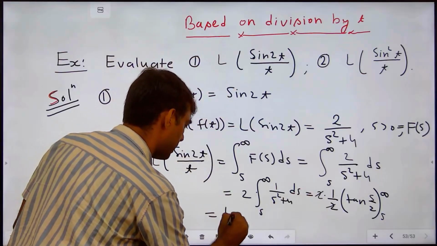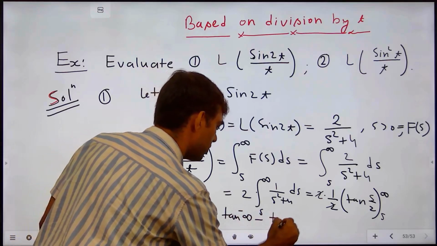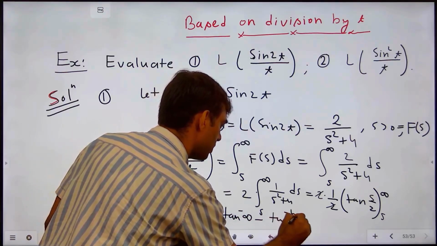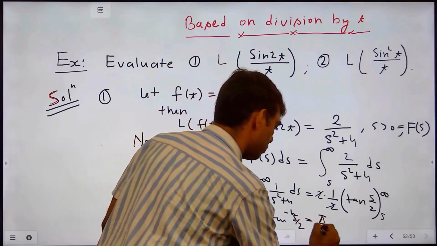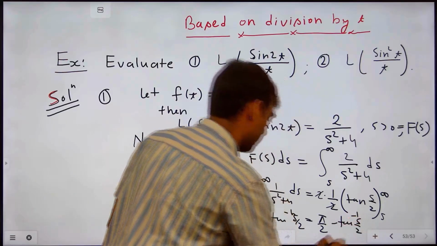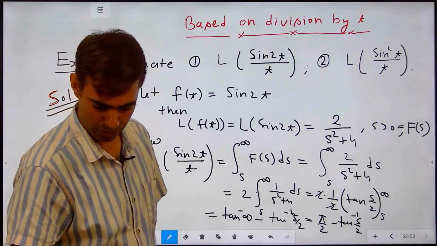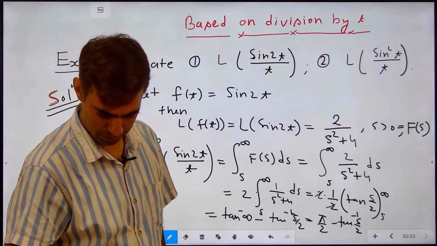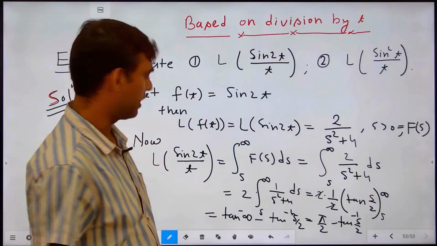This becomes tan inverse infinity minus tan inverse s by 2, and this becomes pi by 2 minus tan inverse s by 2.